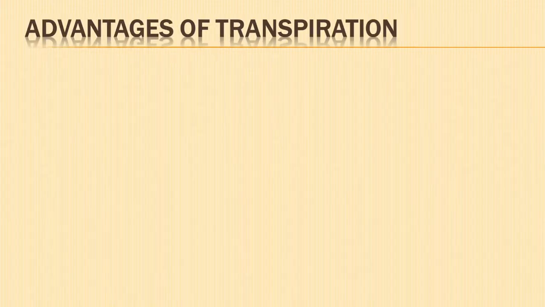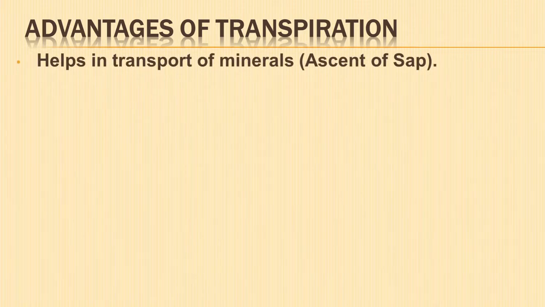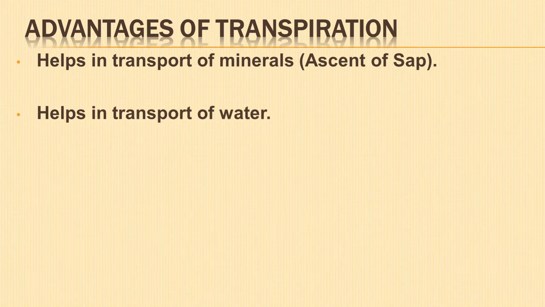There are several advantages of transpiration. Ascent of sap. Transpiration helps in the transportation of minerals which are absorbed by the roots from the soil by creating a transpiration pull. It helps in the distribution of minerals. Transport of water.